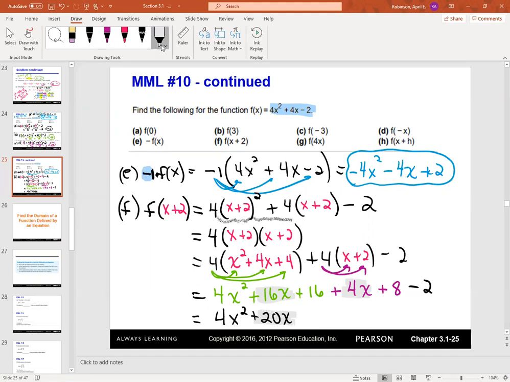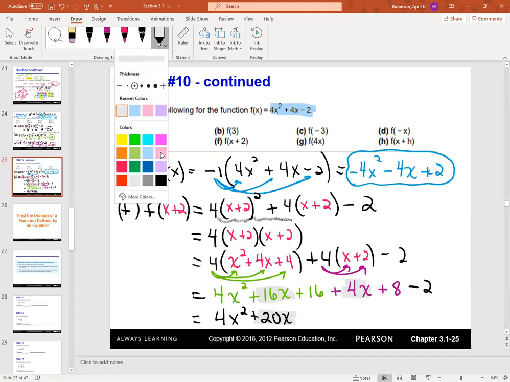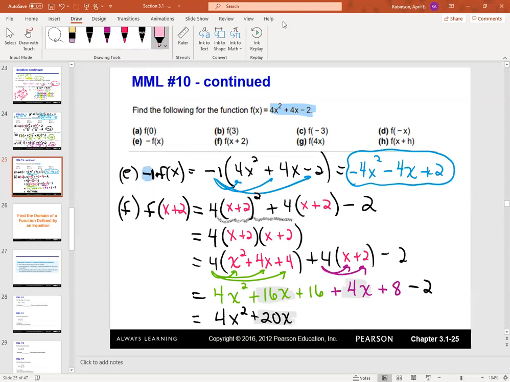And then what else have I got here? How about some pink? And then I can combine the 16, the 8, and the minus 2. That'll combine to be what? 16 plus 8 is 24, and 24 minus 2 is 22. And that is my simplified answer to F.